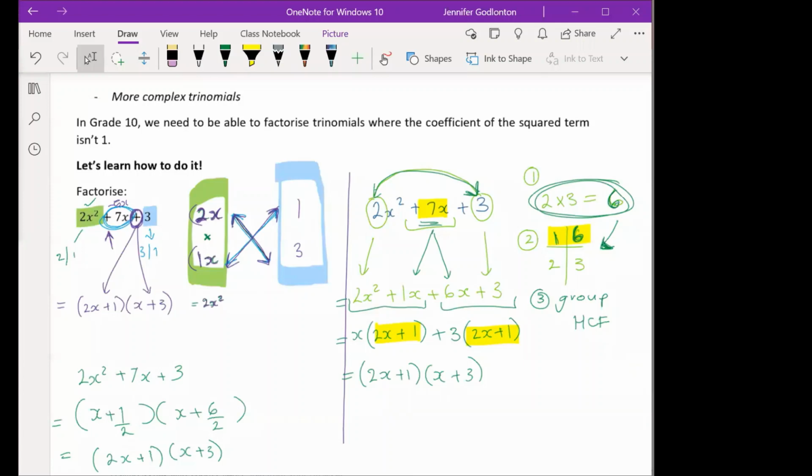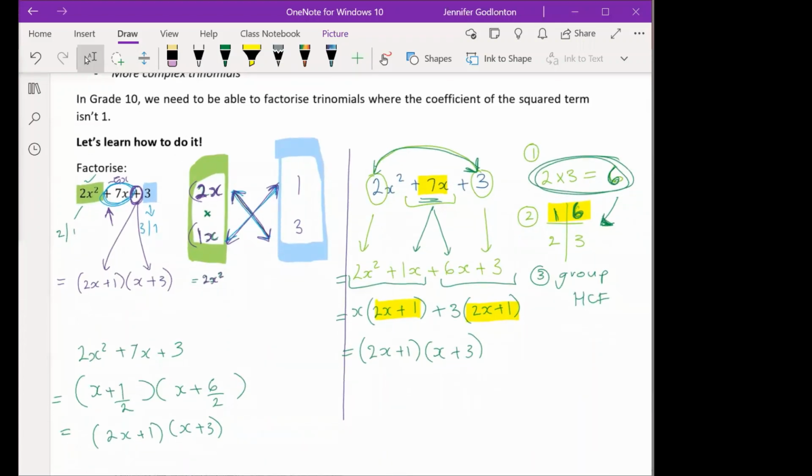Are you just feeling like everything on the screen is just saying, no, I want none of it? Yes, ma'am. I don't know what's going on. That is okay. If it makes you feel better, that is a very normal response to learning trinomials. So you are in good company. This is a very scary new thing to learn. So don't stress. We're going to do lots of them together. Don't panic. This is just our first one that we're looking at.